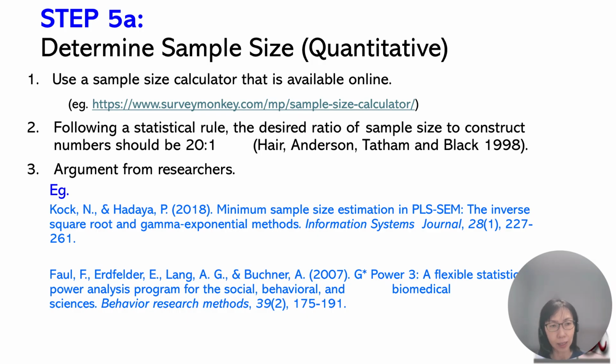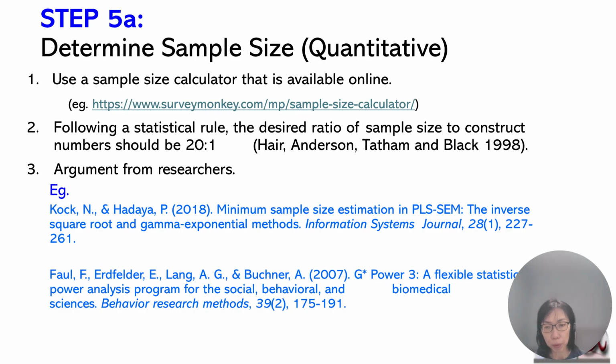Other than that, we can also go with the argument by researchers such as Kock and Hadaya 2018, and we can also use what we call the G*Power analysis. This is most of the time what we can use for our quantitative study if we are going for non-probability sampling.